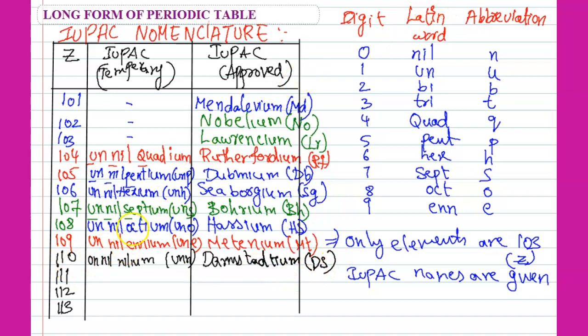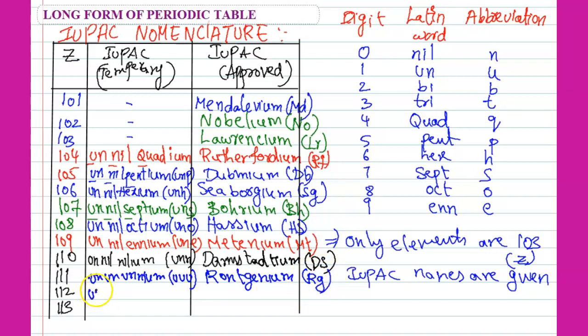Next one is 111, simply triple U, Unununium, which is Roentgenium, Rg.